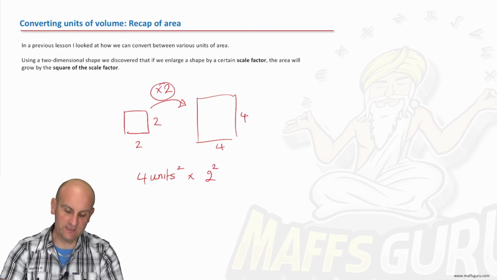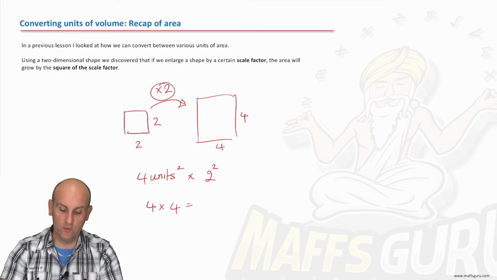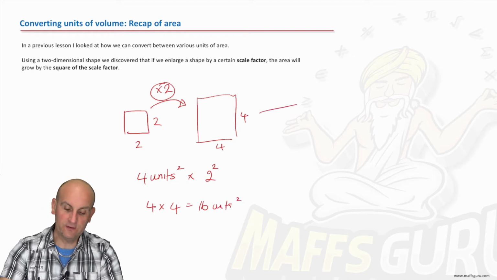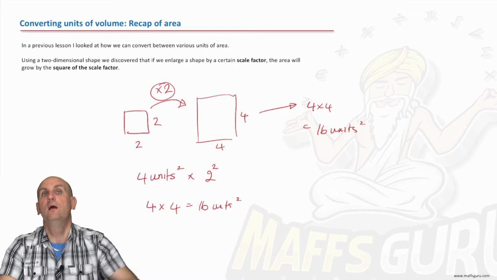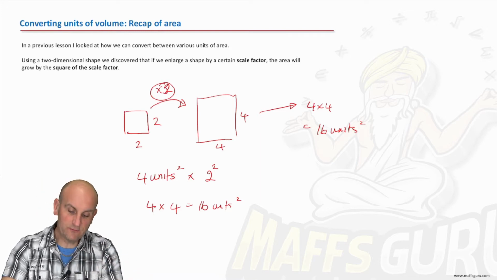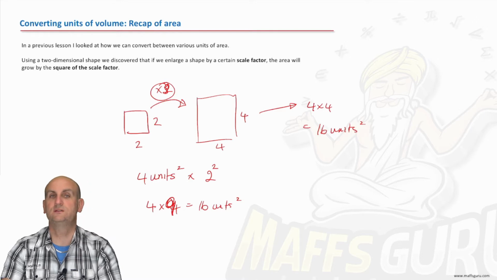So let's just check. 2 squared is the same as 2 times 2, which is 4, times 4 gives me 16 square units. And does that work out? Well, that would give me an area of 4 by 4, which is 16 square units. Makes sense? If this had been times by 3, then this would have been 9 times bigger, because 3 times 3 is 9.